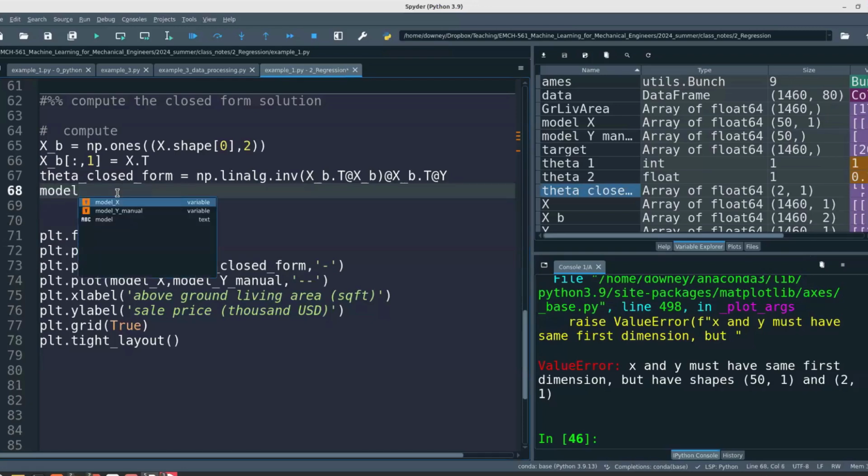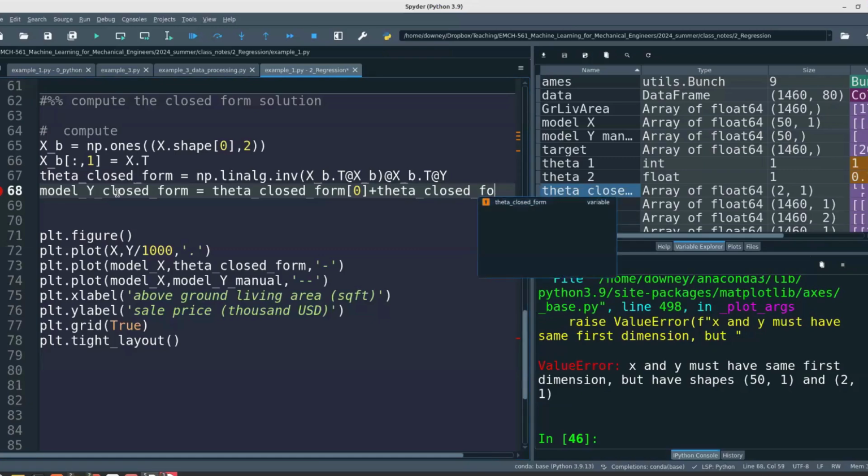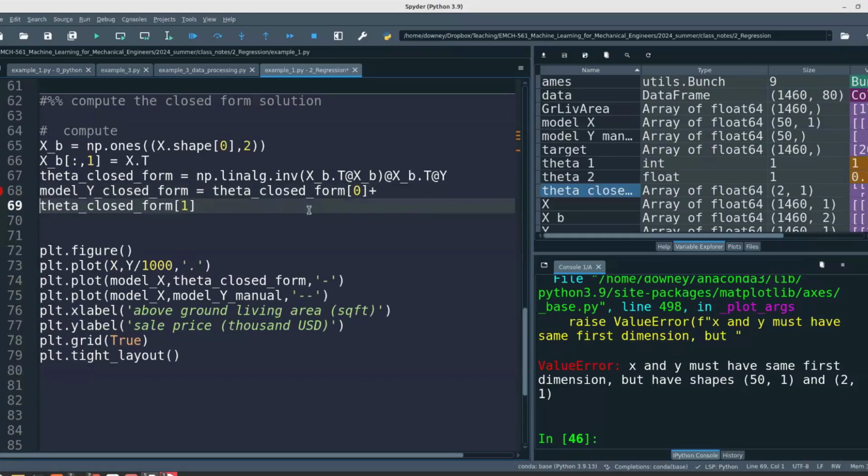So model underscore Y underscore closed underscore form is equal to theta underscore closed underscore form 0, because that's our first term, theta 1, plus theta underscore closed underscore form 1, bring this down on the next line.